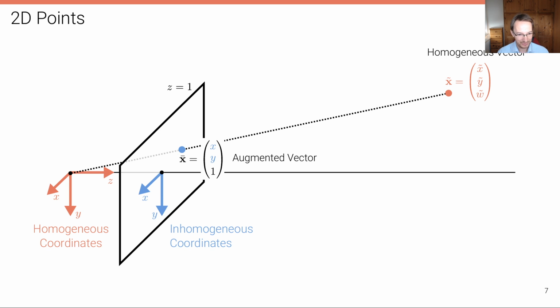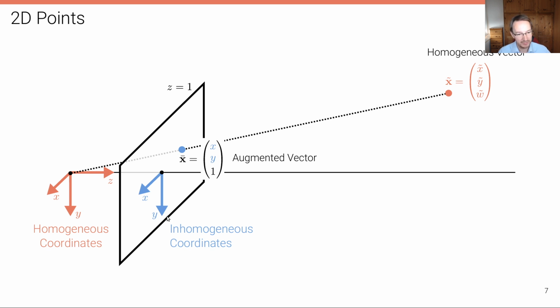Here's a visual illustration of the relationship between homogeneous and inhomogeneous and augmented vectors. We have the homogeneous coordinate system here, x, y, and this should actually be a w. And then we have the homogeneous vector that's represented in that coordinate system.